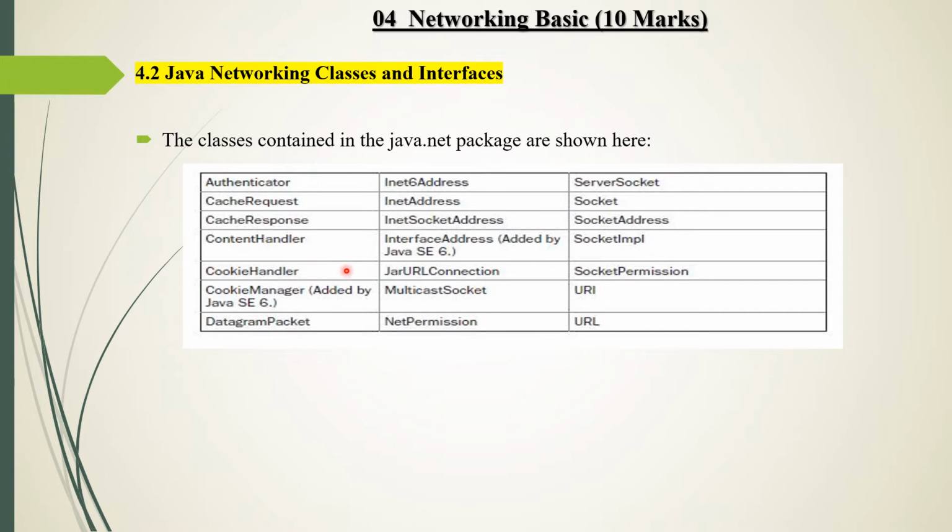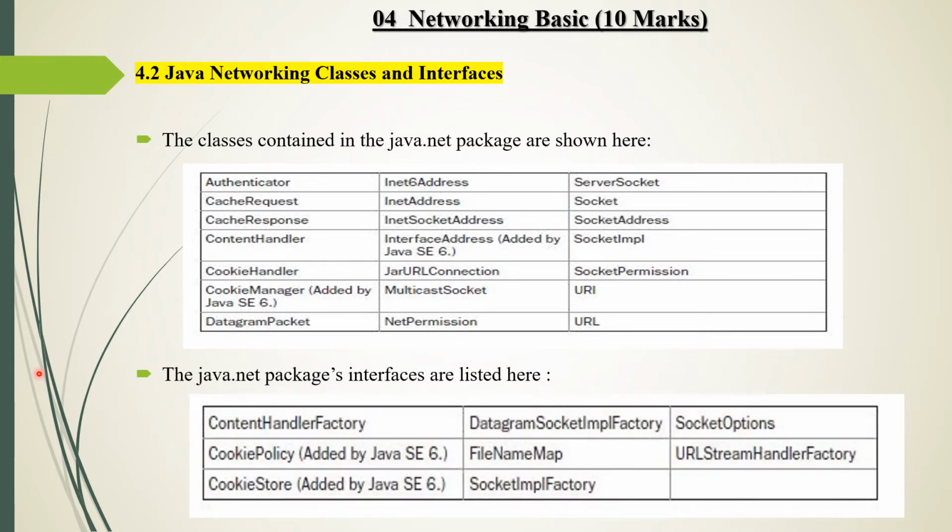These classes are mainly used for Java networking, and every class has its own methods and use. In this chapter we study some of the classes from this table. Then the java.net package contains some interfaces, shown in the following table. So these are some interfaces present in the java.net package. This is about the Java networking classes and interfaces.